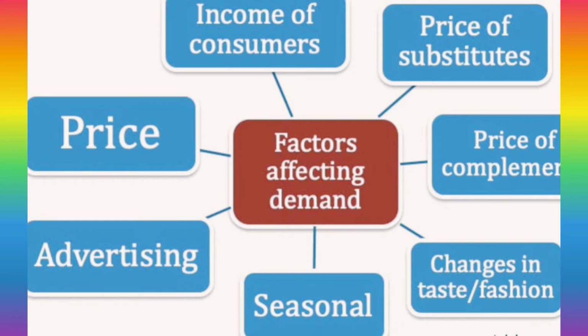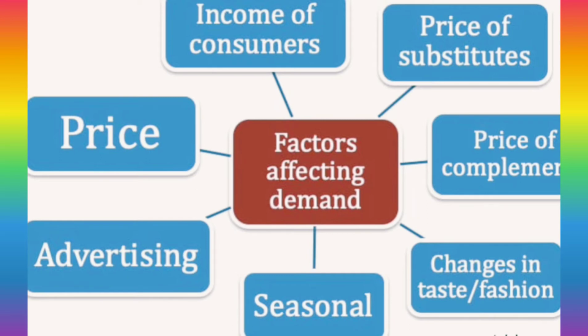For example, a consumer's demand for mango is just 1 kg when it is priced at rupees 50 per kg and rises to 2 kg when its price falls to rupees 30 per kg.